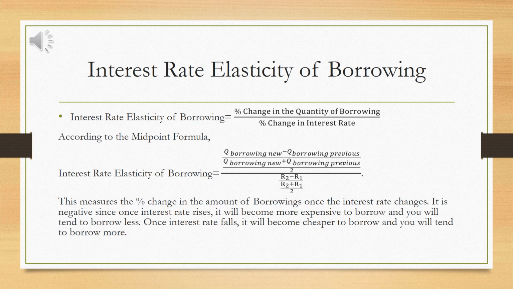The interest rate elasticity of borrowing is equal to the percentage change in the amount borrowed over the percentage change in interest rate. According to the midpoint formula, interest rate elasticity of borrowing is equal to the new quantity borrowed minus the previous quantity borrowed, divided by half the sum of both quantities borrowed, over the new interest rate minus the previous interest rate, divided by half the sum of both interest rates.